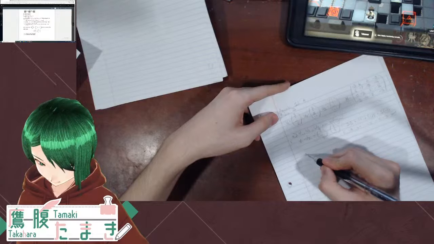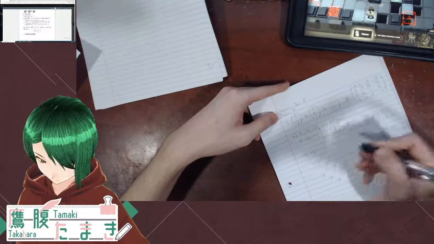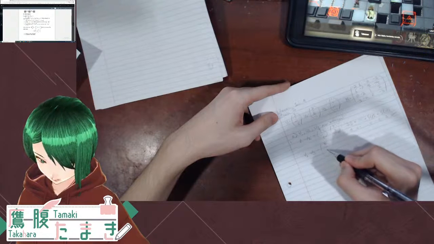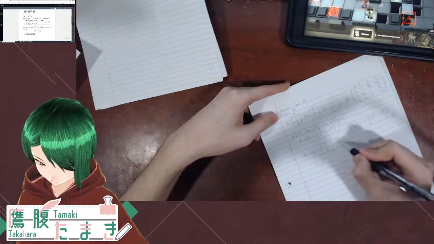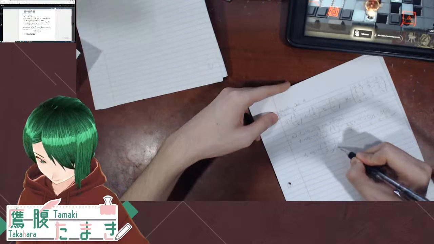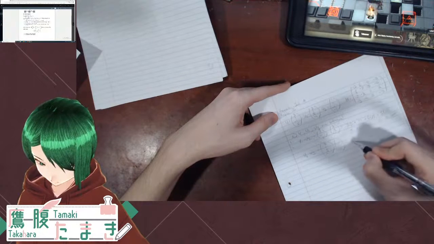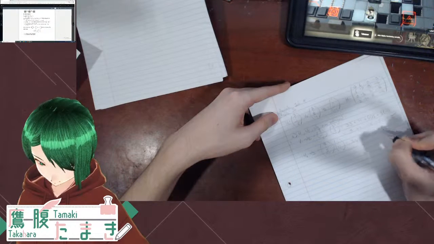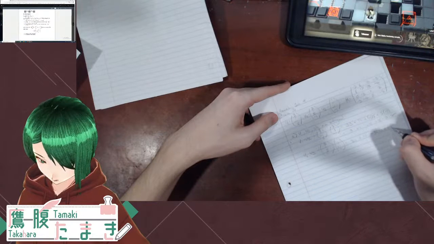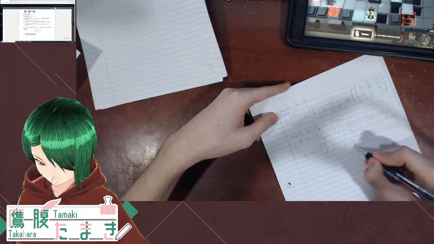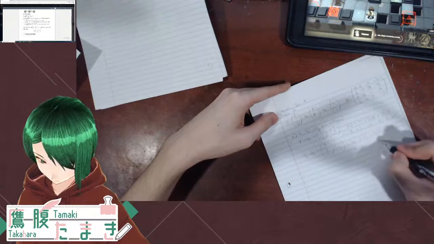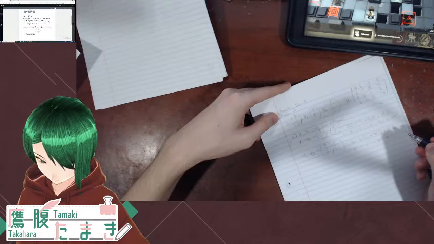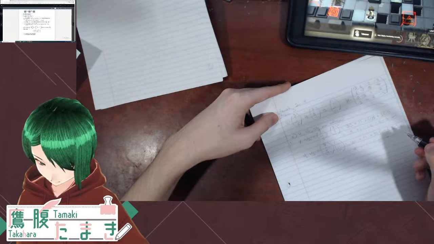Okay, we'll do v2 dot v3, which is (3, 1, 5, negative 1) dotted with (1, 1, negative 1, negative 1), which equals 3 times 1 plus 1 times 1 plus 5 times negative 1 plus negative 1 times negative 1, which equals 3 plus 1 minus 5 plus 1.